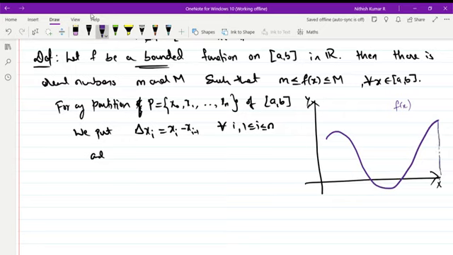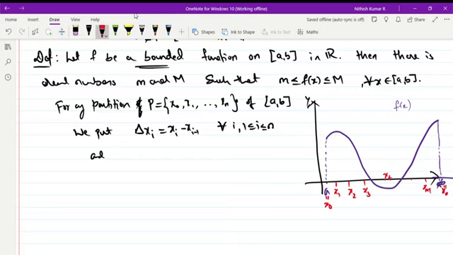This is now f(x). This is the point A, and this is the point B. Now the partition P: this is x0, this is x1, and this is x2, x3, and somewhere I have some xi, and this is xn-1 and this is xn.